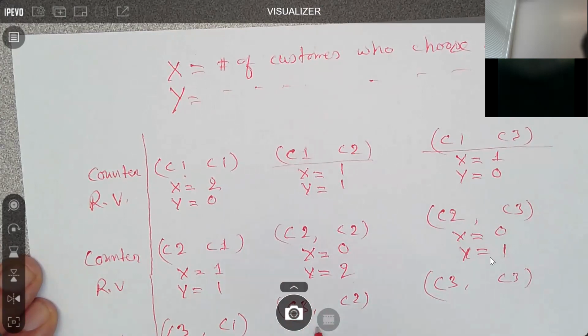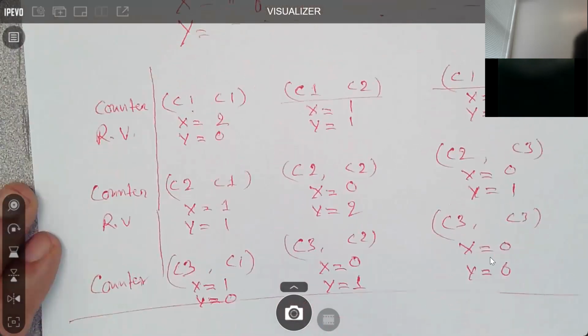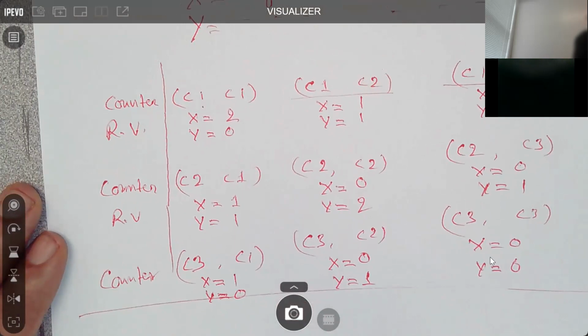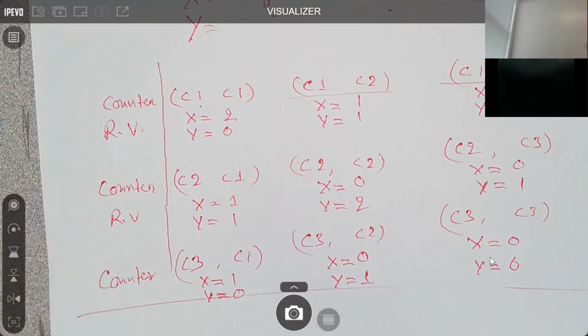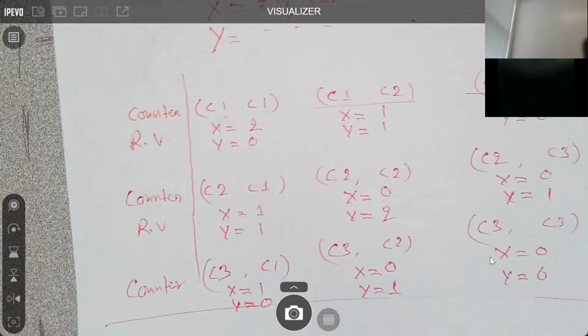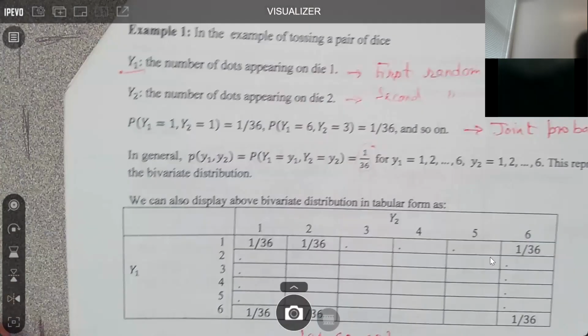Here X takes 0 and Y takes 1. And here X takes 0 and Y takes 0, right? Okay, now we are using this idea here.